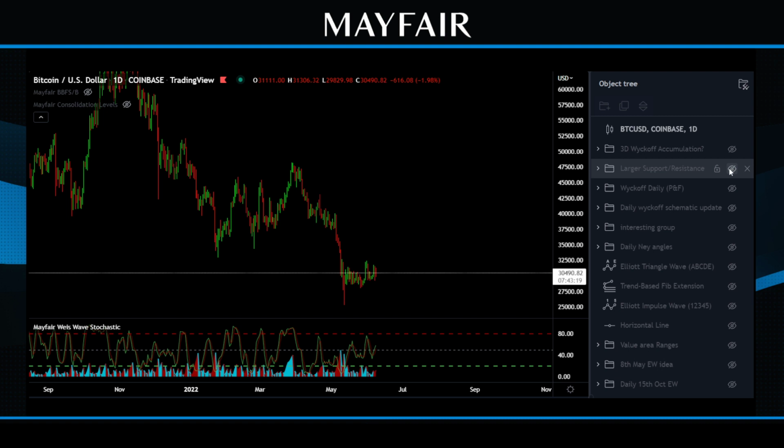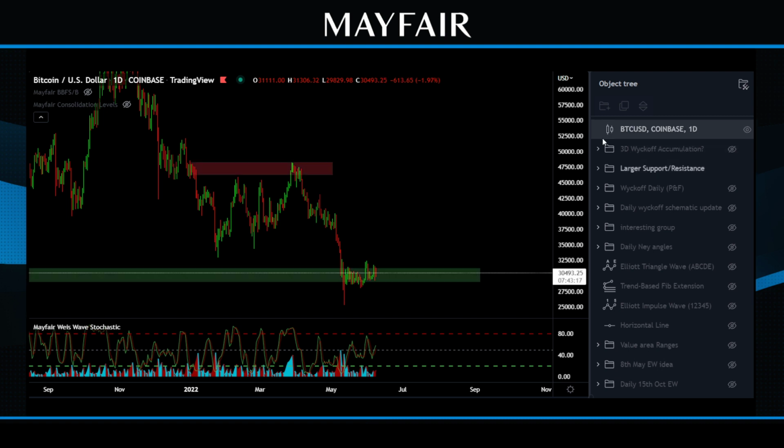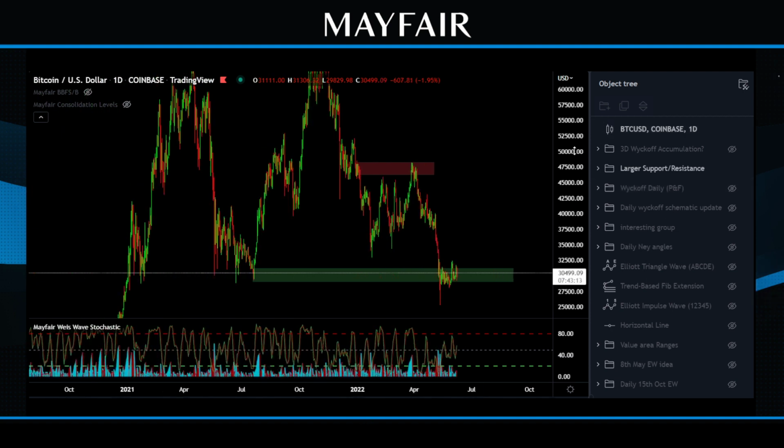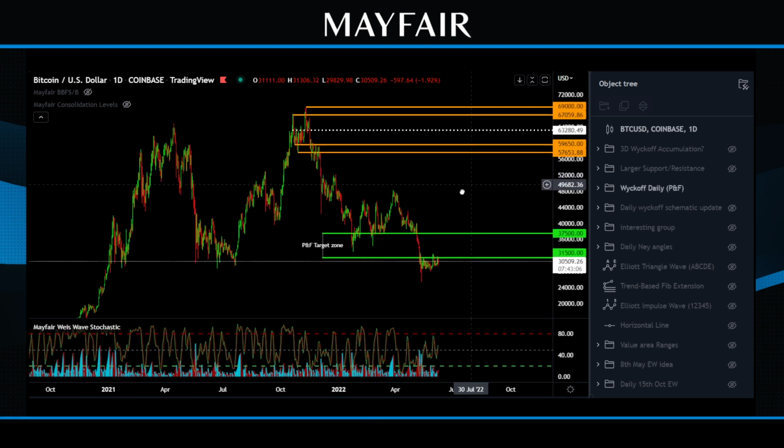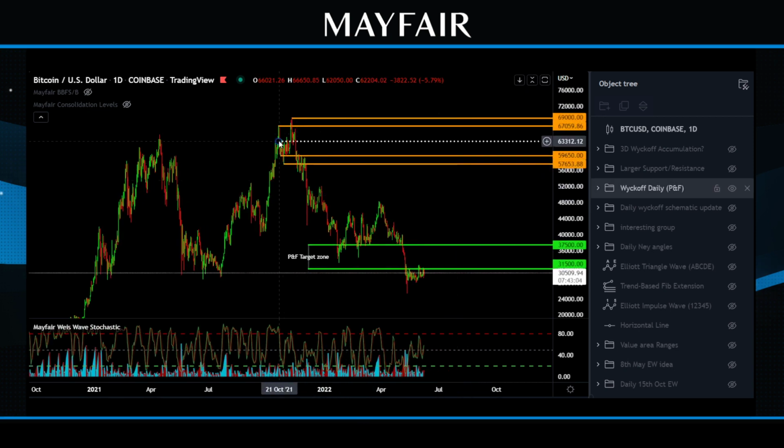Okay. We've definitely moved into those higher support resistance levels, right? This is the money flow. This is where we tag back into the Wyckoff levels. This goes back all the way. We were calling this the top here, right? This is back in October last year.